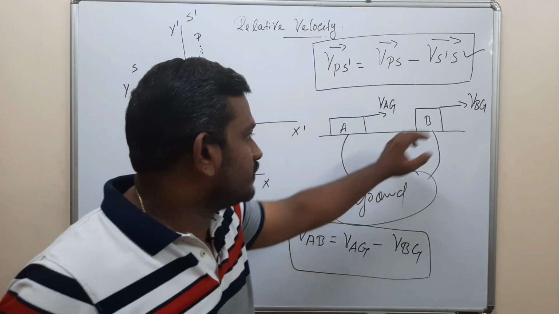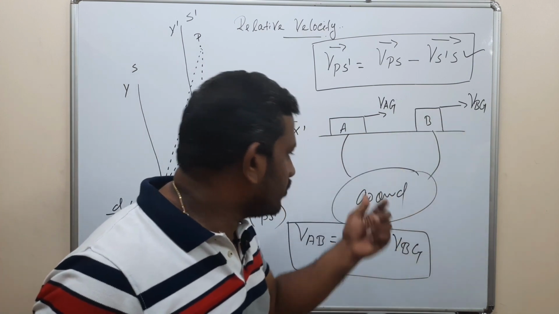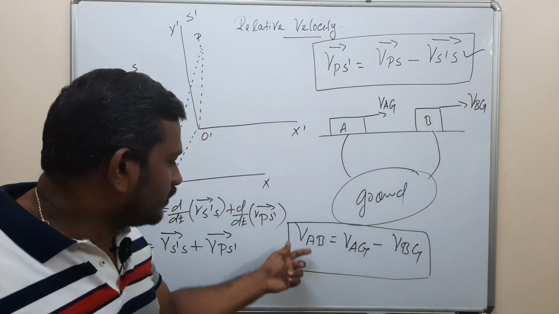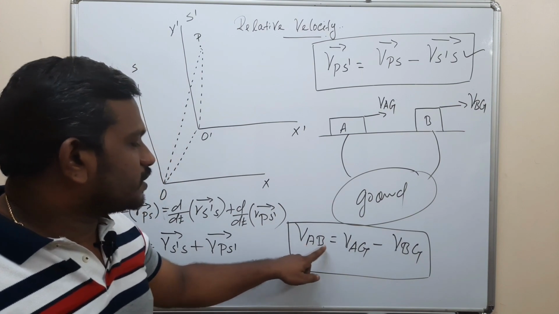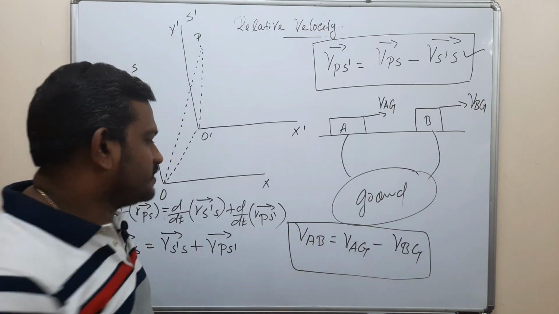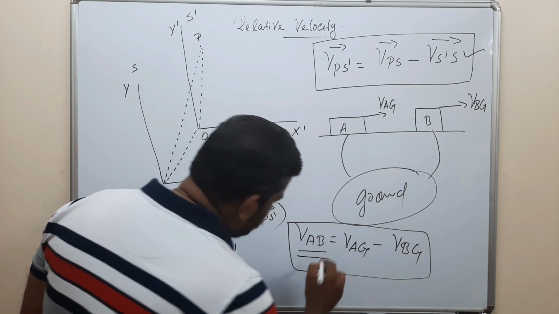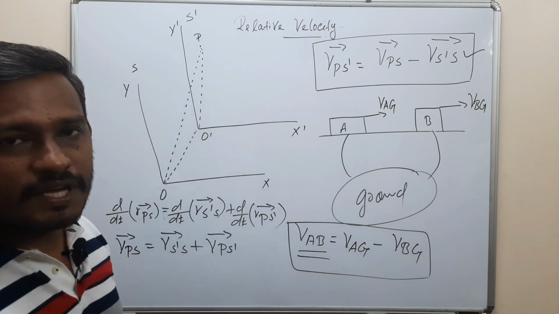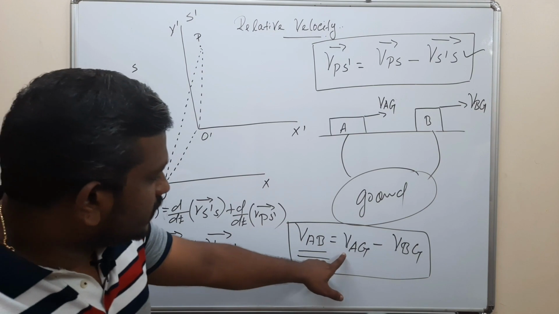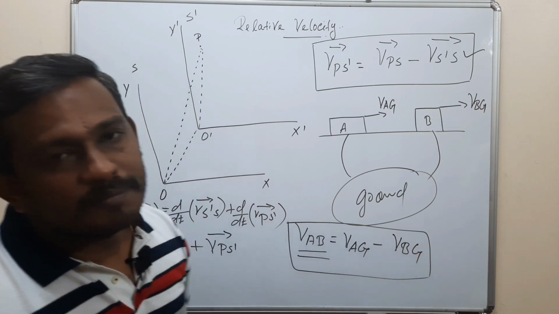That gives the relative velocity. So v_AB gives the relative velocity of A with respect to B, that is v_AG minus v_BG.